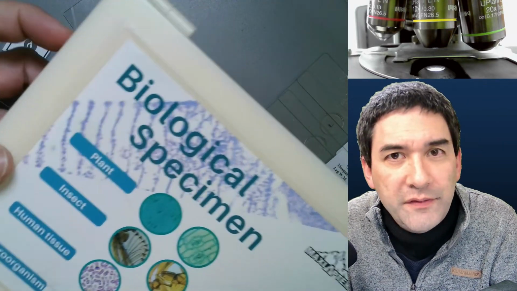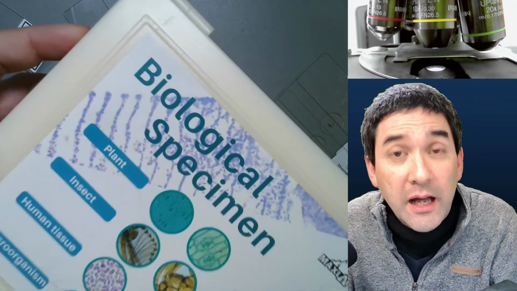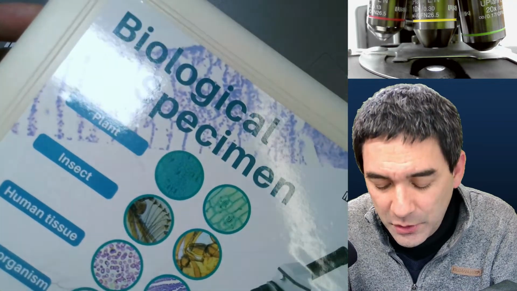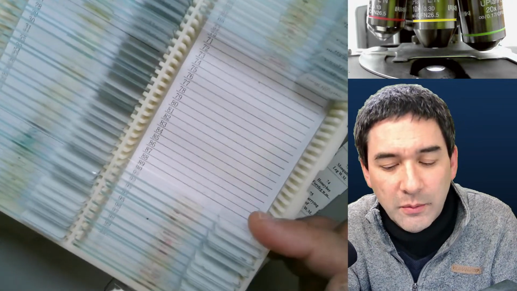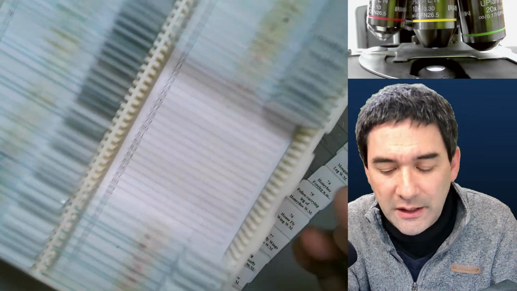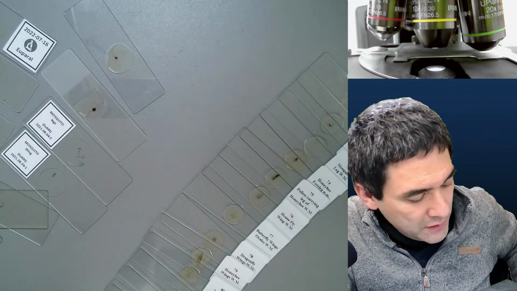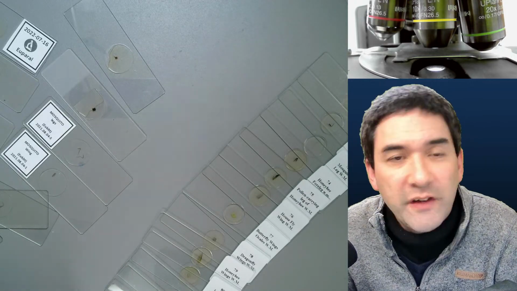In one of the previous videos, a couple of months ago, I unpacked it and looked at a few of those slides, but not so many of the insect slides. You see that the insect slides over here, I've taken out. They're all together, and I've put them now here on my table, and I'm just going to look at them one by one and have a little observation session here.